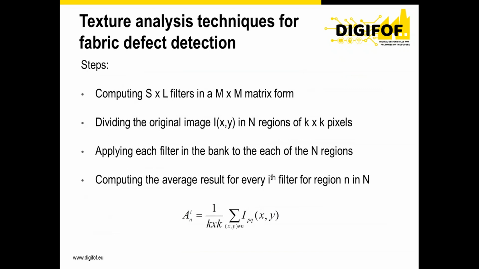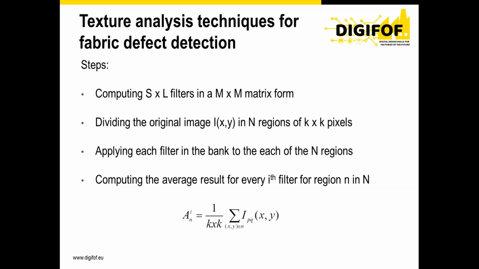Yes, actually, the idea is that, as I told you, we are trying to find out what is the dimension of the texton, or in this case, indirectly, the frequency of the texture.